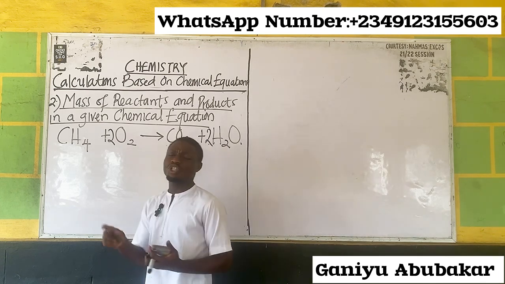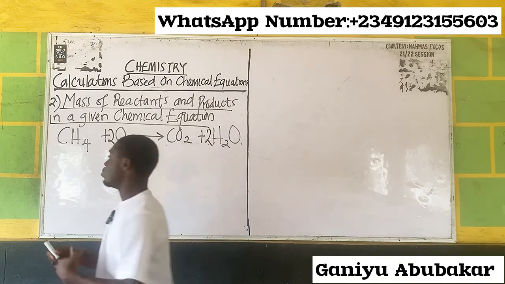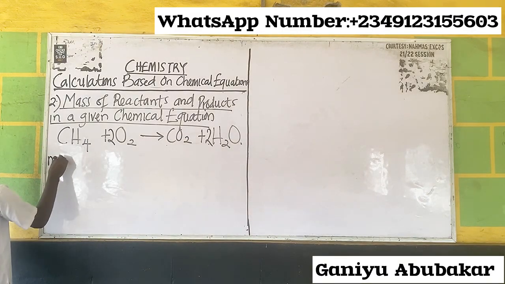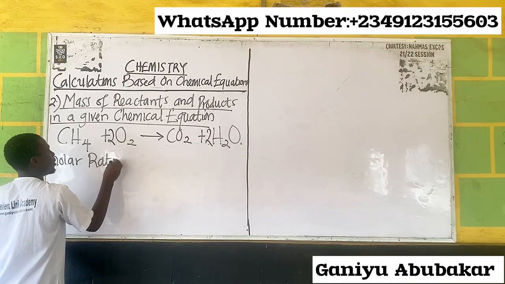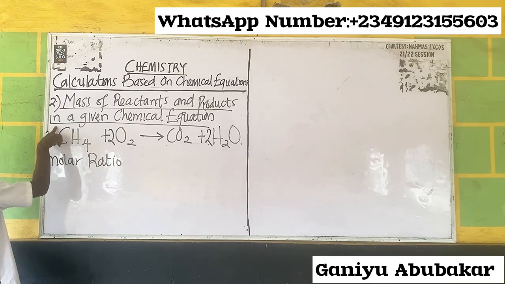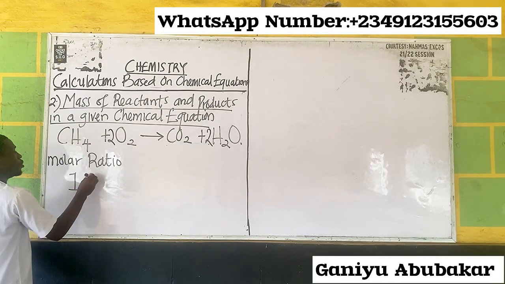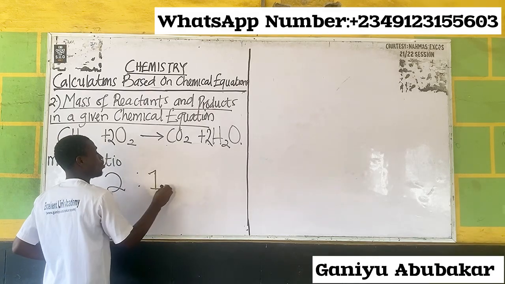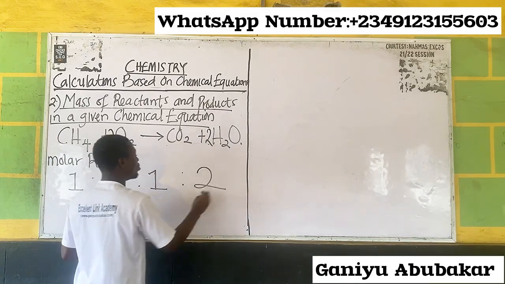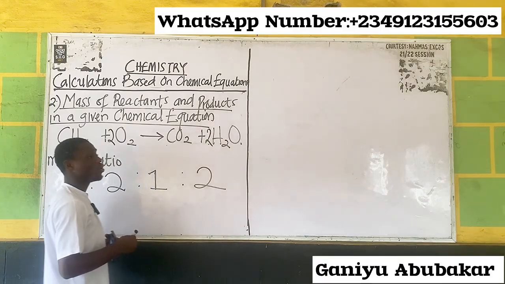After balancing the equation, what's next? Get the molar ratio. It's easy: it's the value in front. Here it was 1 ratio 2 ratio 1 ratio 2. This is the molar ratio we're working on.